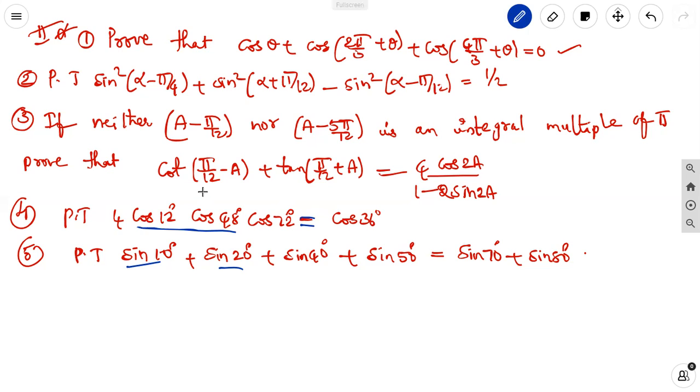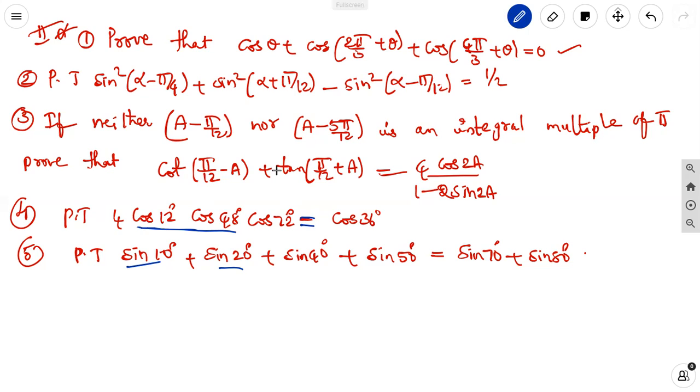Here cot of pi by 12 minus A. This cot and tan can be expressed in cos and sine. If we are getting cos A cos B plus sin A sin B form, we apply cos of A minus B.